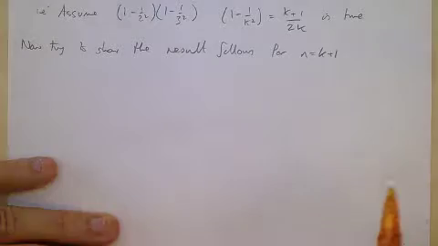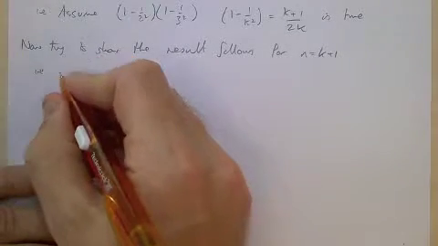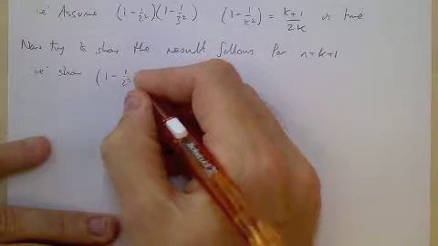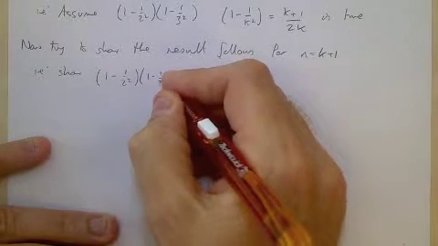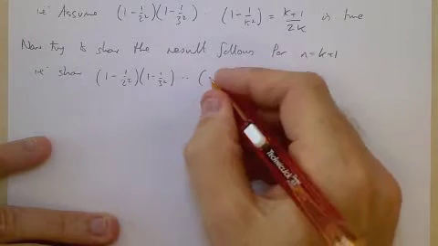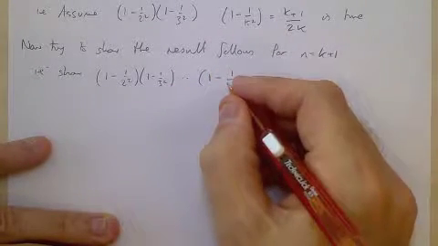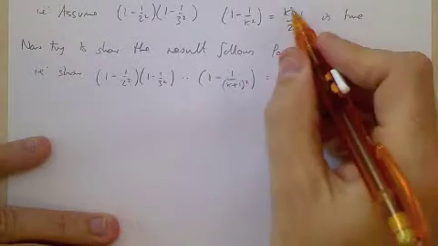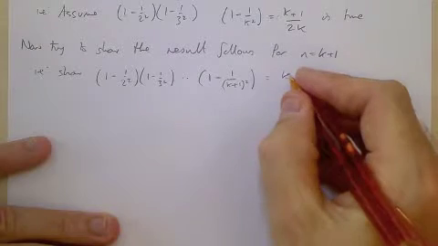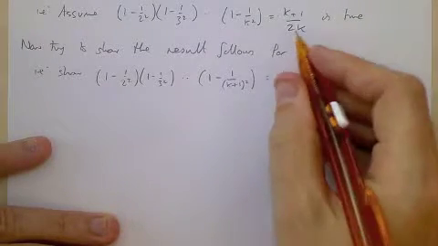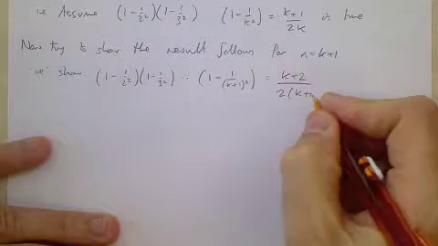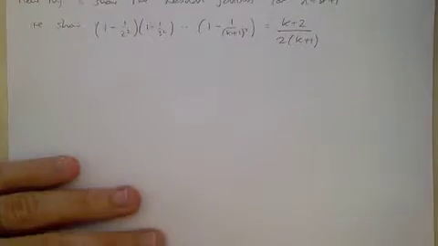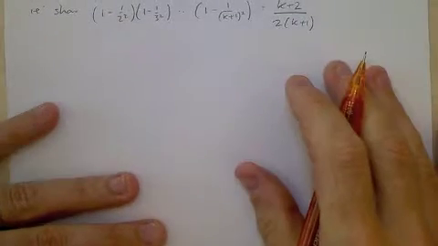And again, I'm just going to write down what that actually means, i.e. I'm going to try and show that 1 minus 1 on 2 squared, 1 minus 1 on 3 squared, times all the way up to 1 minus 1 on k plus 1 squared is equal to k plus 1 over 2 lots of k plus 1. That's my job. That's what I want to try and do in this inductive step. So now let's try and do it.